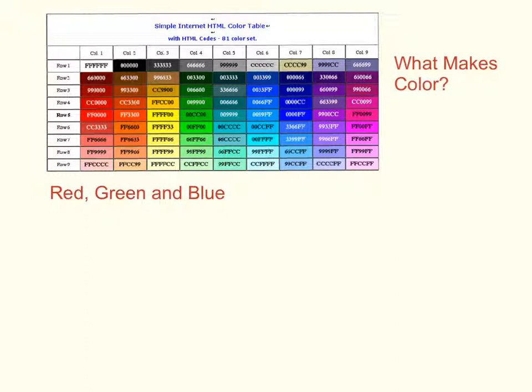Now, since we have 3 colors, but hex codes have 6 digits, then each hex code is comprised of 2 spots for that color. So the first two are red, how much red is present.